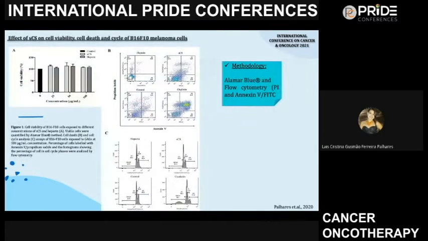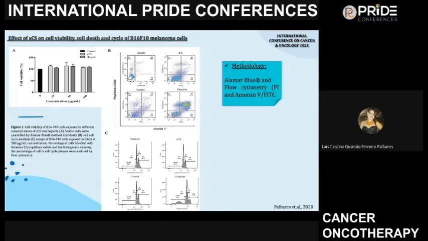So the first thing we did, we wanted to know if, in the presence of the SCS, the cells would present any harm, like any kind of toxicity. For this entire study, we used the murine melanoma model, where we used the B16F10 melanoma cells.